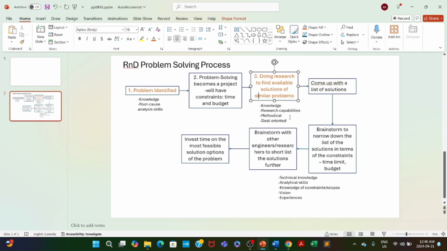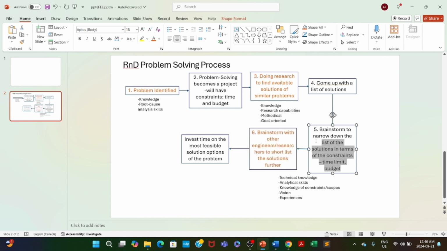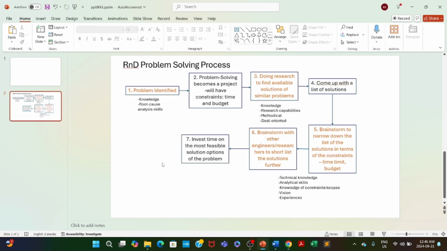So step one, step three, four, five, six. This is going to be colored. This is going to be colored. This is going to be colored. This is not going to be colored actually. This is okay.